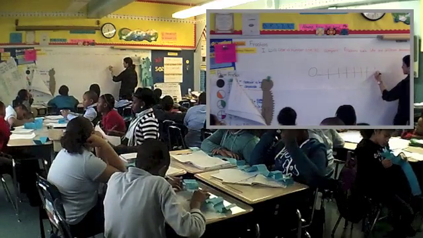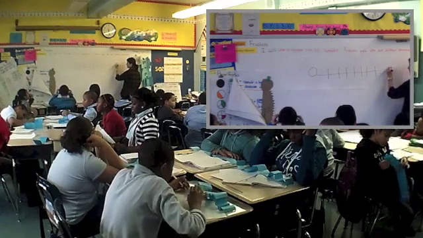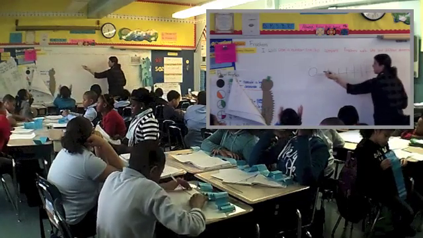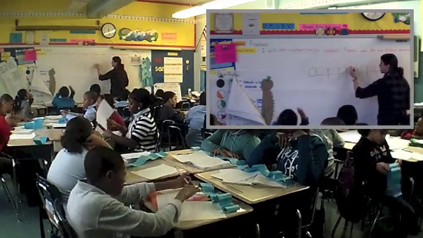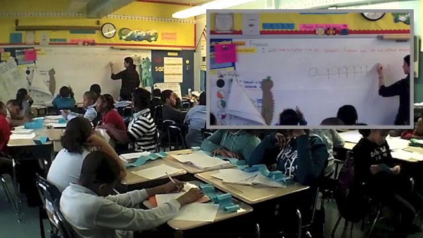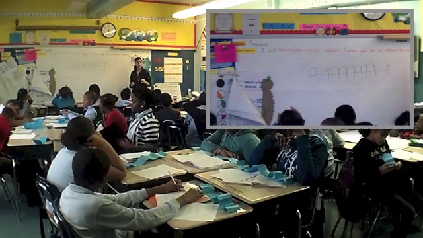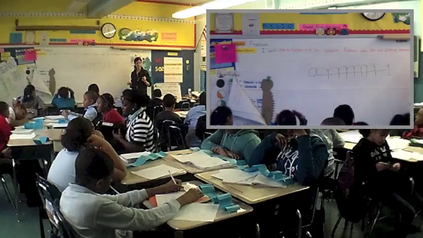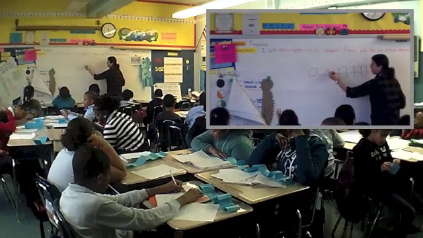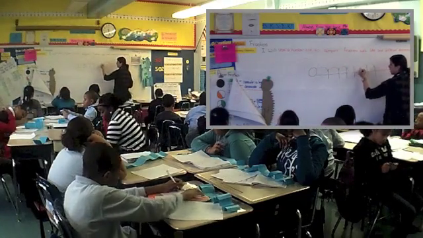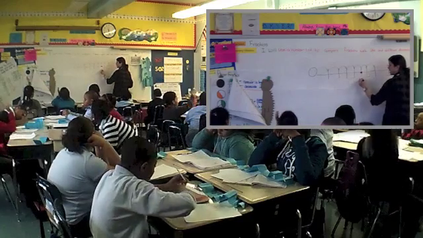Is that 8 parts? Let's count. 1, 2, 3, 4, 5, 6, 7, 8. So now I have to find 5/8, correct? 1, 2, 3, 4, 5. It's going to be right here.